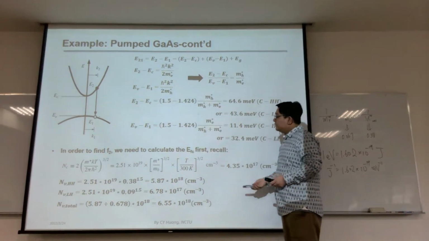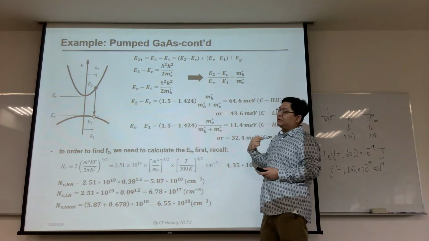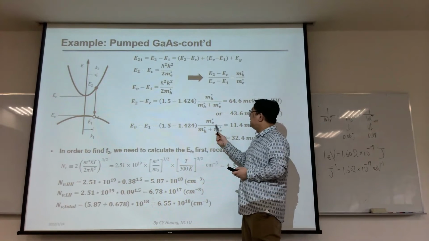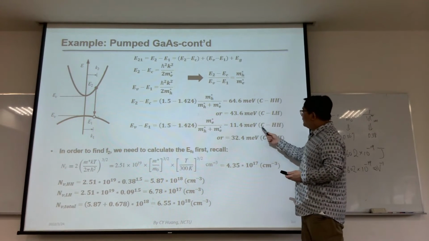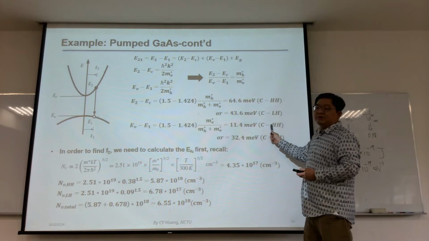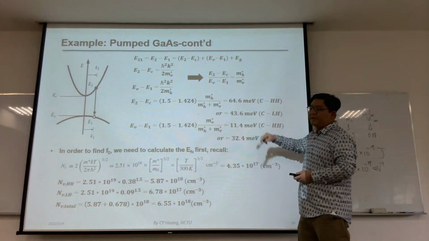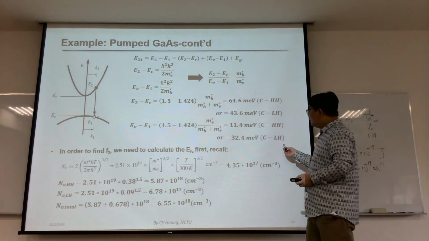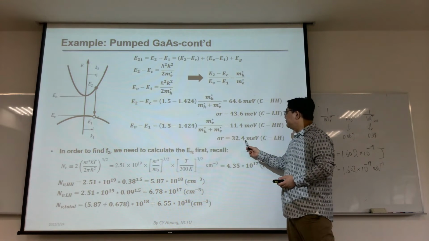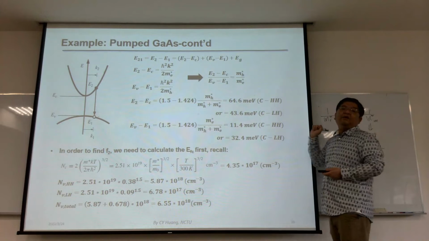Okay, so similarly, we can do that with the heavy hole and the light hole. For the heavy hole, 1.5 eV gives you the energy level 11.4 meV below the valence band edge, or 32.4 meV for the light hole band.